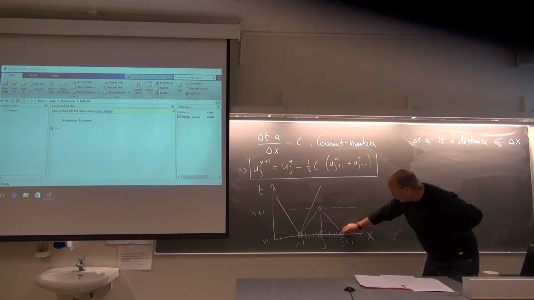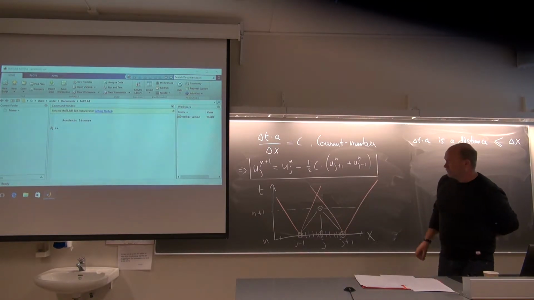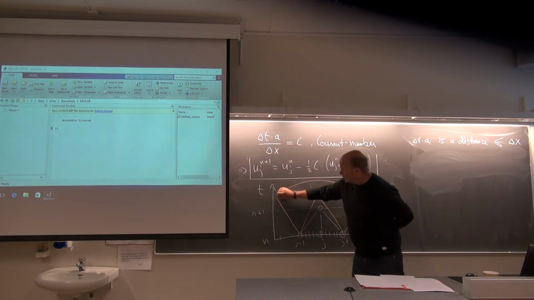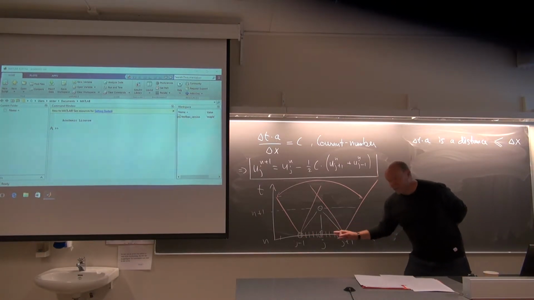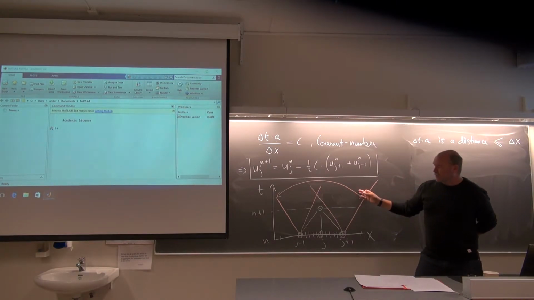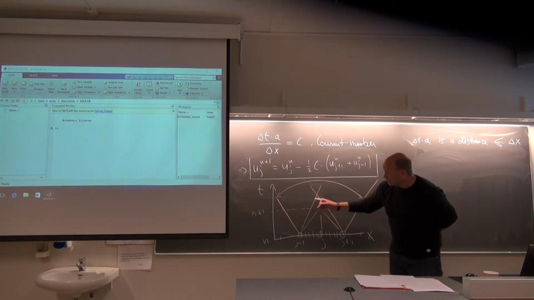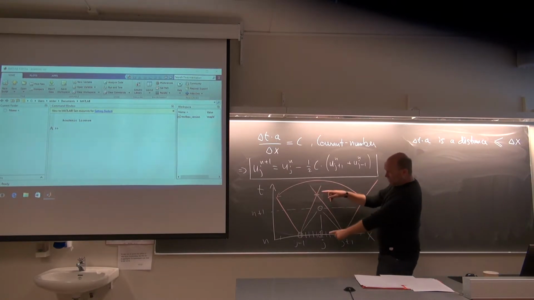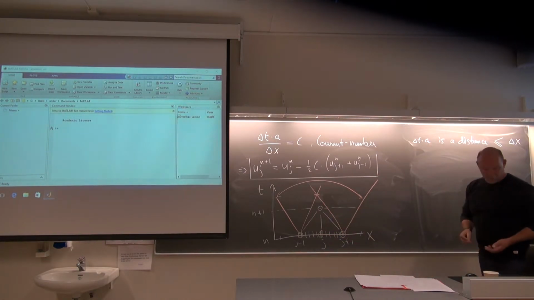Same goes with this point, could go back or forward. And then we talked about this sector here. That was the influence sector. You change any value inside this range, you will change the solution inside this sector. So that was only the influence. But the solution area, what was that? That was inside this triangle. So that means you must choose a time step, a delta t, smaller than this one.